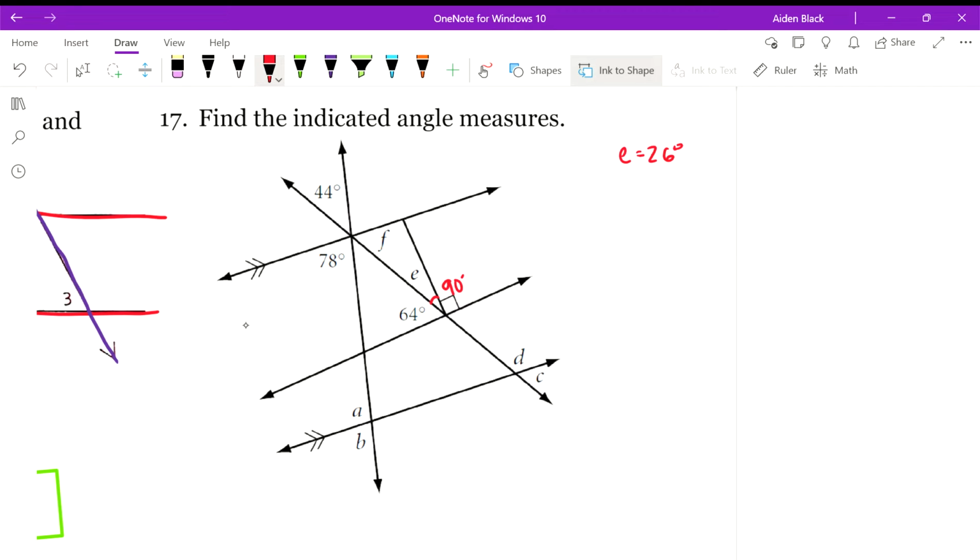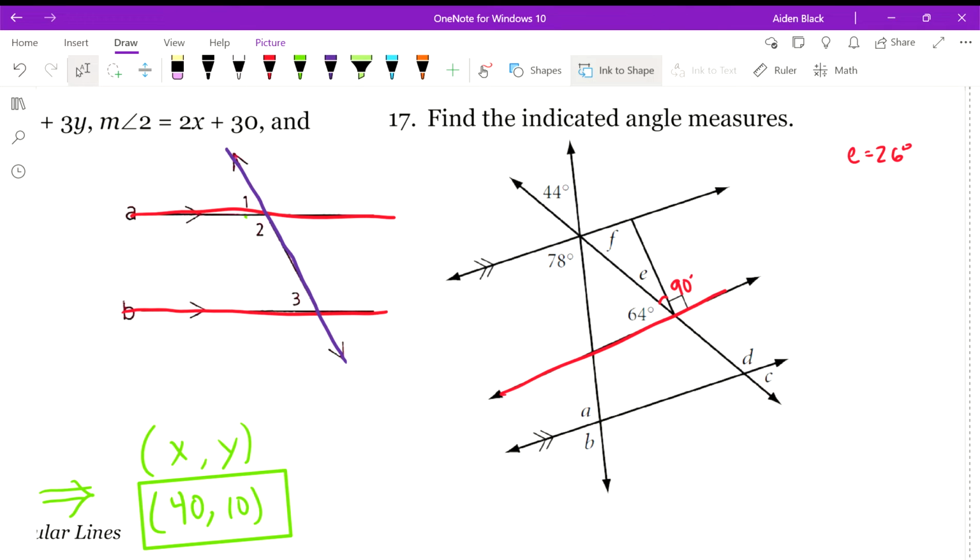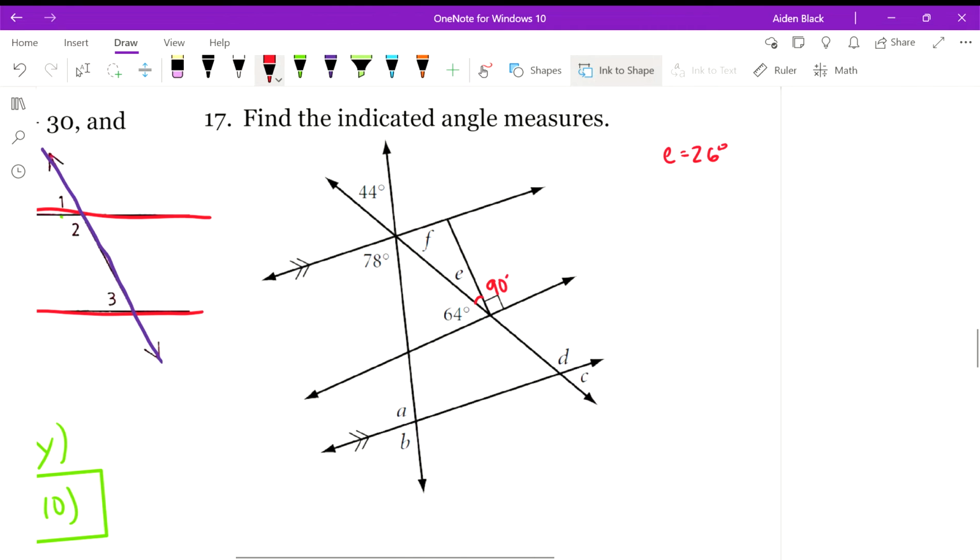And then, I would like to say this is a 90 degree angle, but we don't know that this line is parallel to this line. So I cannot say that. I'll start working here. This is 78 degrees since it's vertical of this angle. And so this is a straight line, so we get 180.